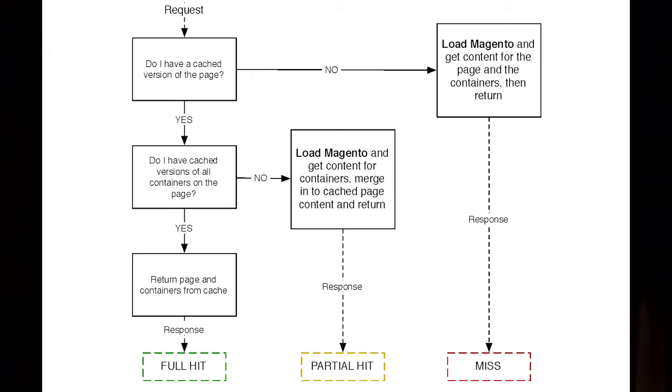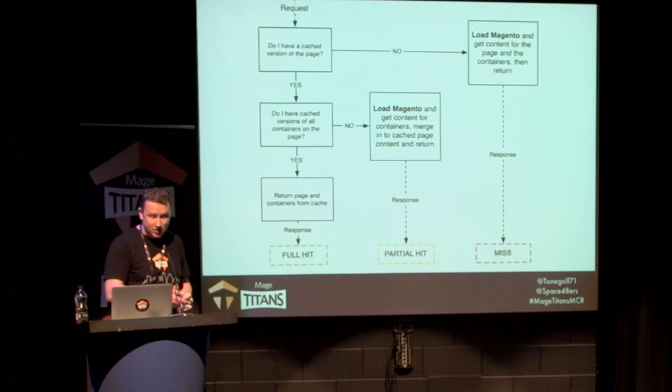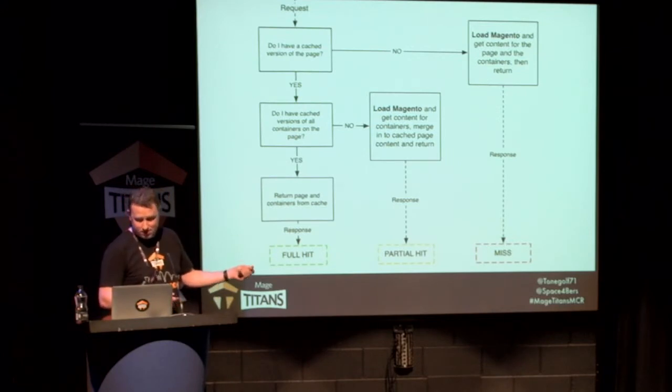So it's loading the minimum amount of overhead to determine, have I got a cached copy of this page? So it can return it as fast as possible. If it hasn't, well, unlucky, we have to load the full Magento application, retrieve the content for the page and the containers, and push that back to the visitor. That's known as a miss.